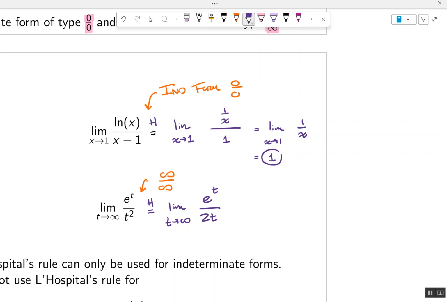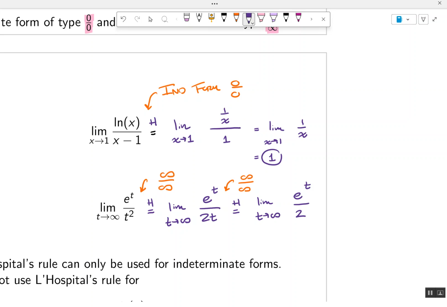Now this one is also of the form infinity over infinity. So we can actually apply L'Hôpital's rule again. Now we take the derivatives again. So the top stays e to the t, the bottom stays 2.